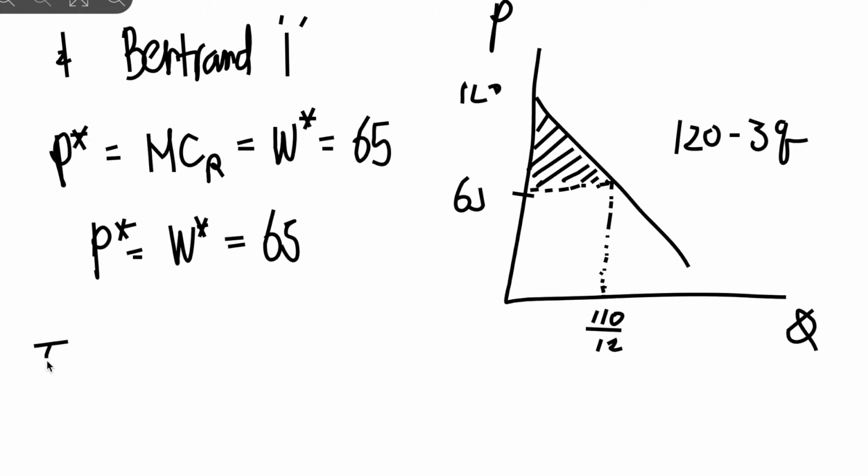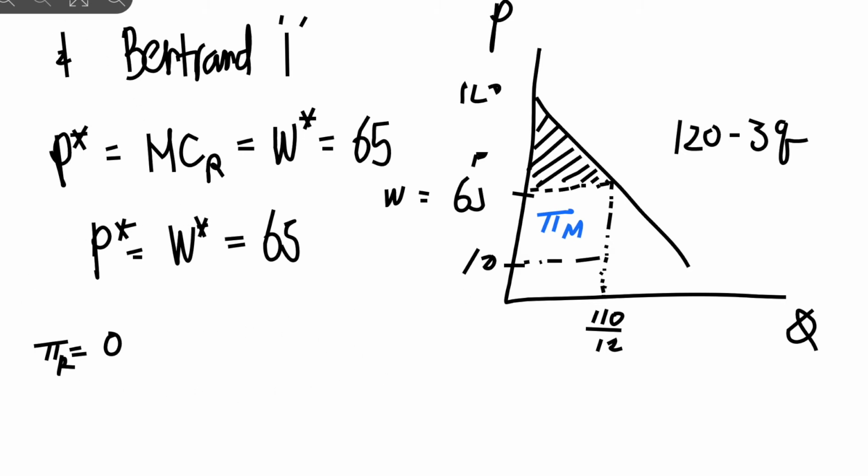So the profit for the retailer will be 0, that is P equals W. And the manufacturer has the marginal cost of $10, so the whole square, or rectangle, is the manufacturer's profit.